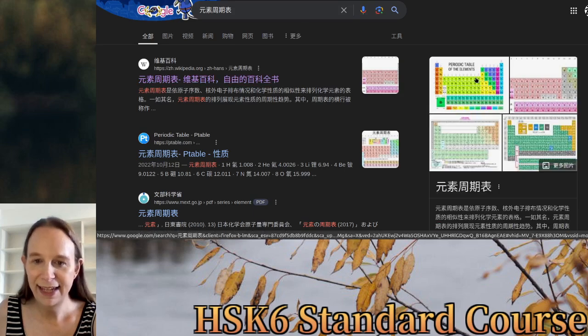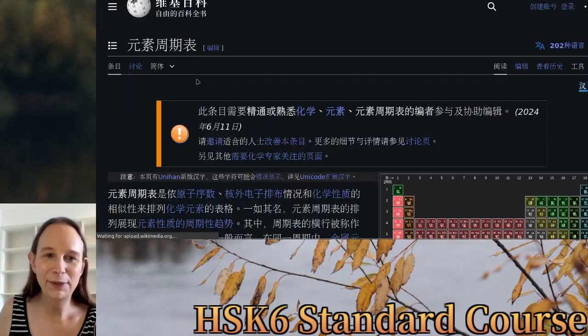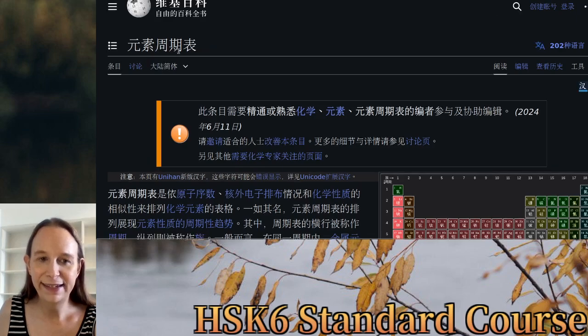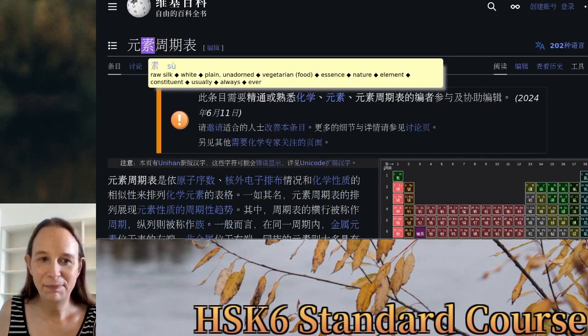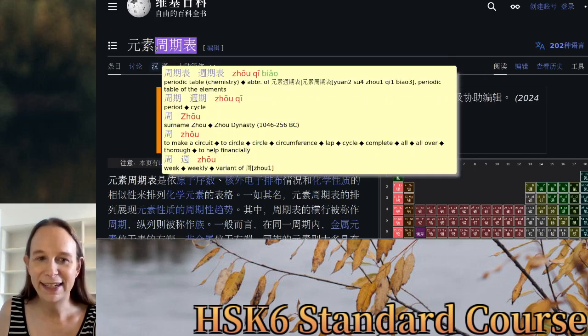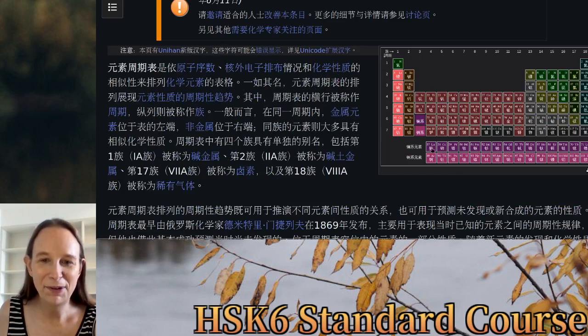The periodic table of the elements. Yeah, it's periodic. So 周期 is period. 表 is a table. So element period table. Periodic table. 周期表. Yeah, 周期表. There it is. Do you remember all your elements?